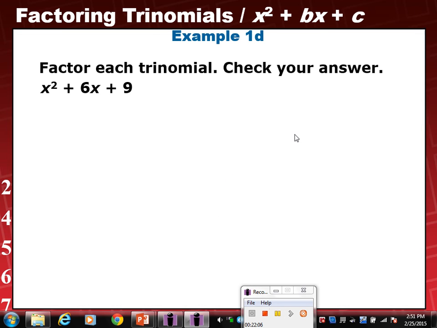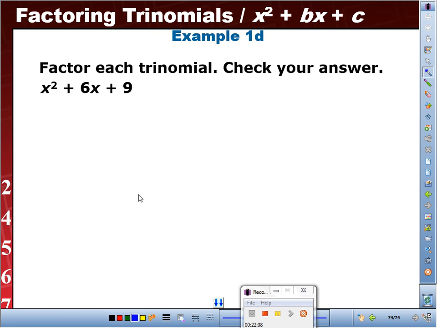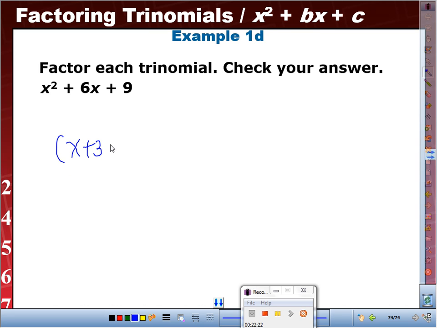All right, here we go. What'd you get for your factors? X plus 3 times x plus 3. Have you got that? What's another way of writing this, by the way?